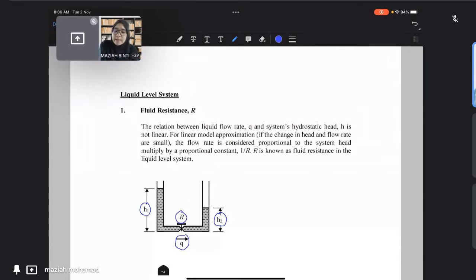So the linear model for the liquid level system is given by the equation Q is equal to H1 minus H2 divided by R. Q is flow rate, H is liquid level, and R is the fluid resistance.